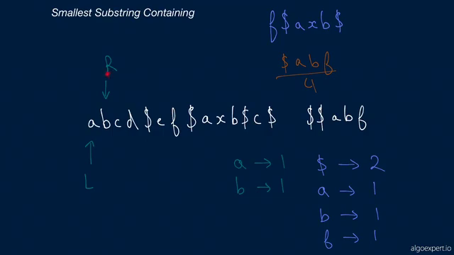And as we're moving this right pointer, whenever we find a character like A or B that is one of our target characters, because it's in the hash table, we can increment the value in our substring hash table here, and we can say, wait a second, is the new character count that we have for this character, for instance for A or for B, equal to the character count that we have for that same character in the smaller string hash table?